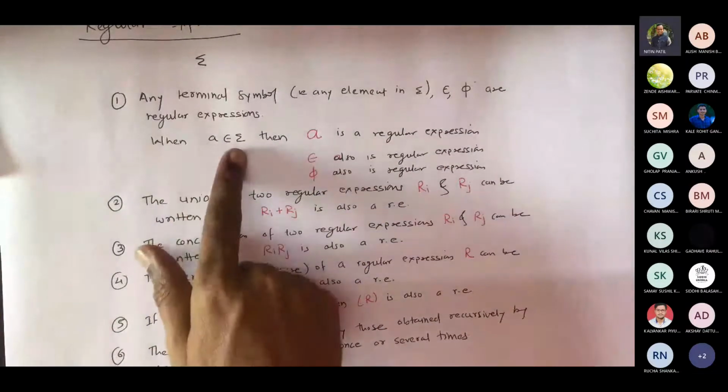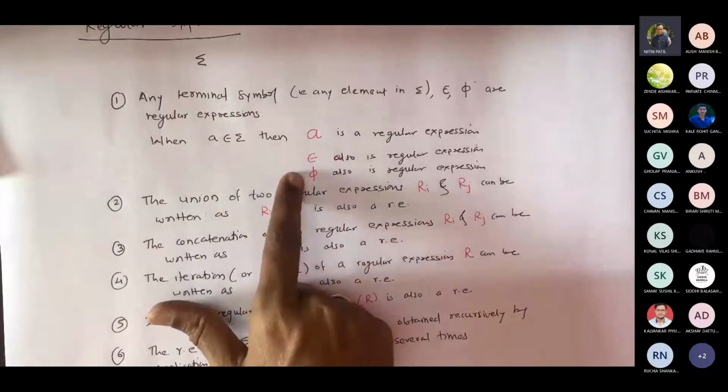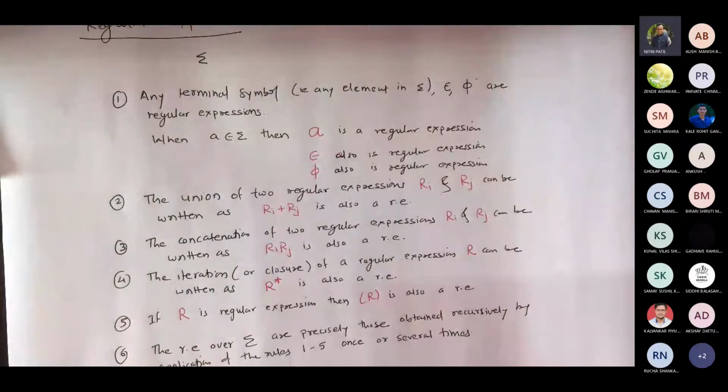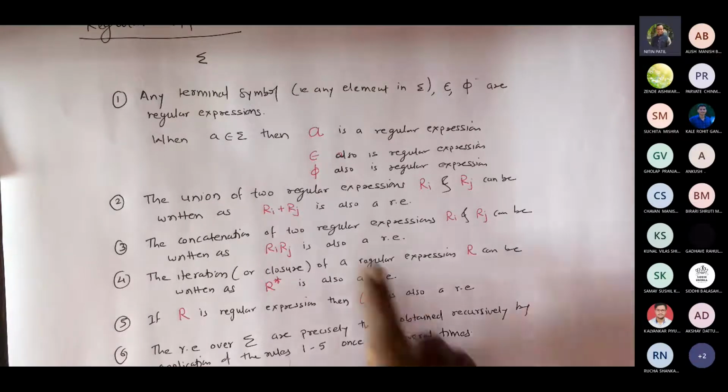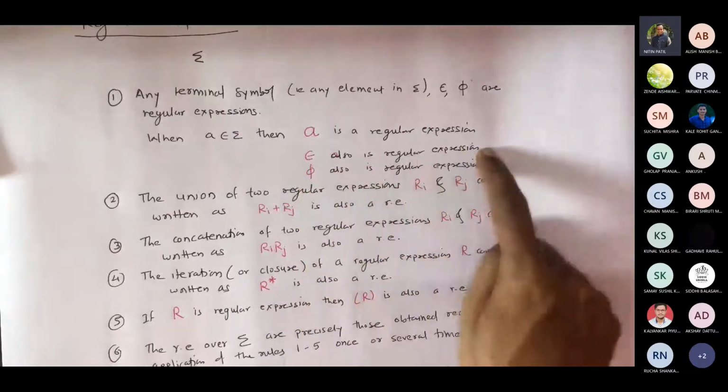Epsilon can also be part of a regular expression, because we saw in all the cases, whether there is an epsilon transition or no epsilon transition, that as a property of the transition function, delta q comma epsilon equals q for any FA without epsilon transition. And whenever we are talking about epsilon transition, delta q comma epsilon would be epsilon closure of q. That's why we say epsilon is a regular expression.